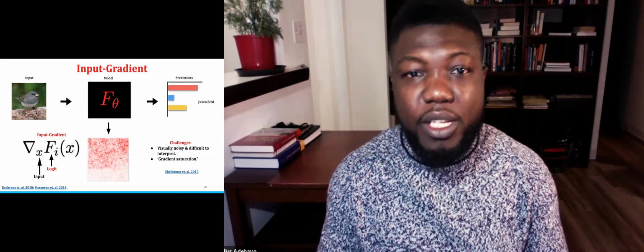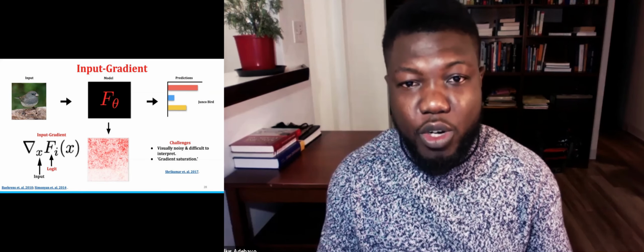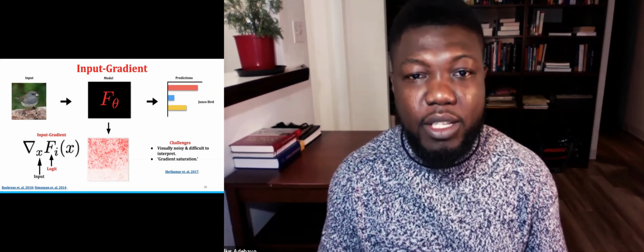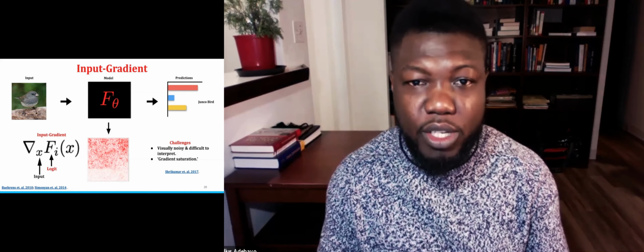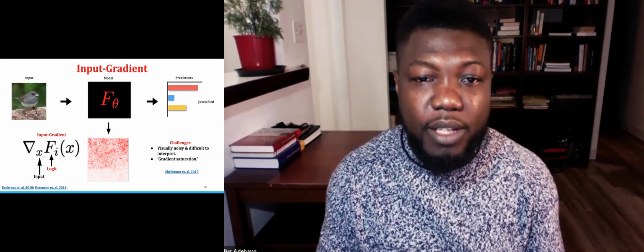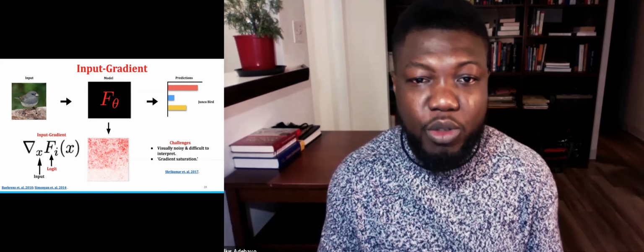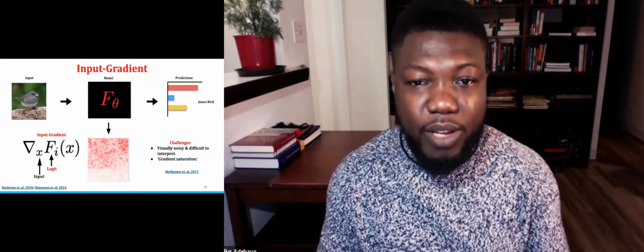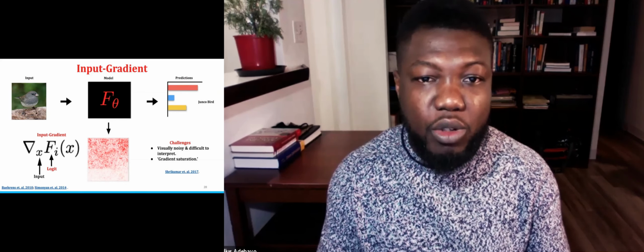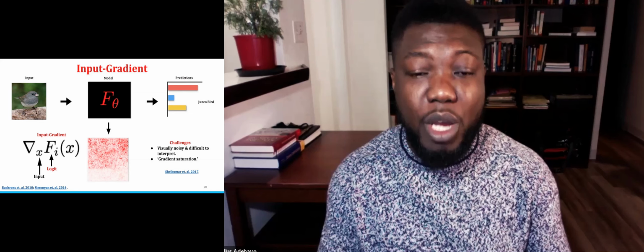One of them is that it seems visually noisy. The second one is that the gradient violates a sensitivity requirement, also known as gradient saturation in the literature. This is the fact that changes from one input to another that induce changes in the output might not be reflected in the actual gradient. And so several other methods have been proposed to counteract this.